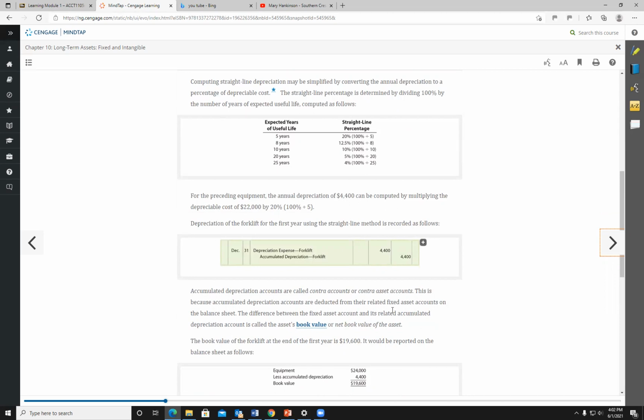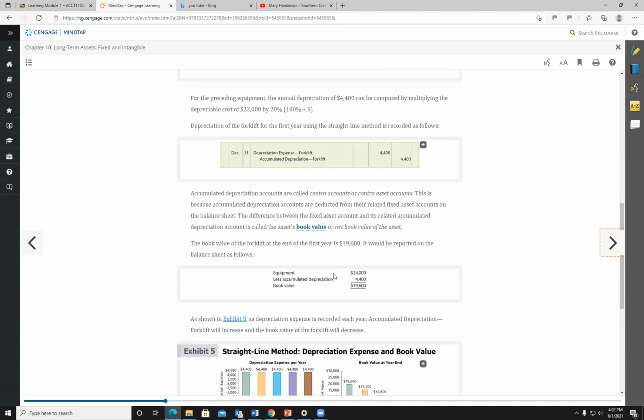This is the book value, which is the value of the equipment less the depreciation. So in the first year, the equipment is valued at $24,000 less the first year's accumulated depreciation of $4,400. So now the book value of that equipment is $19,600.